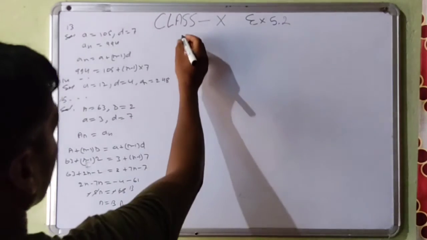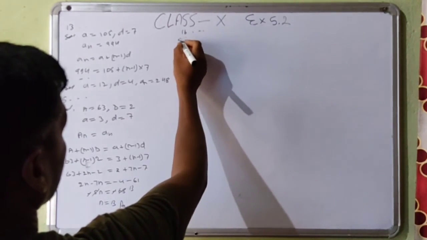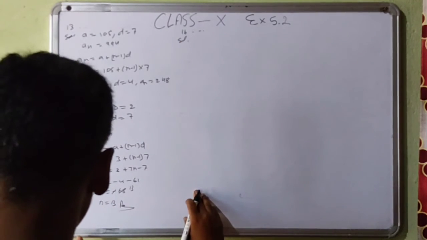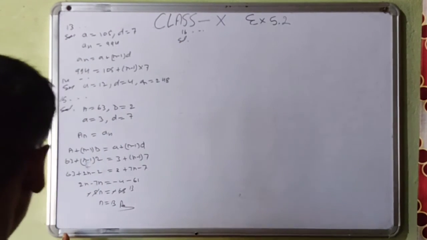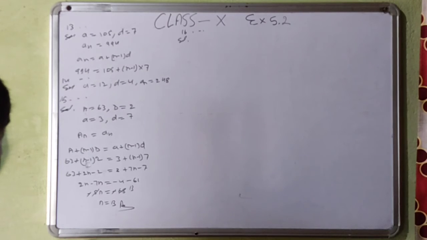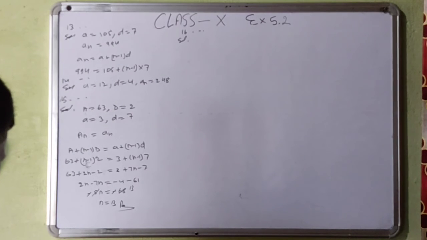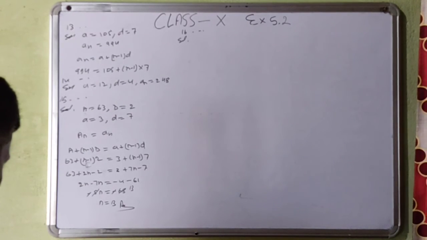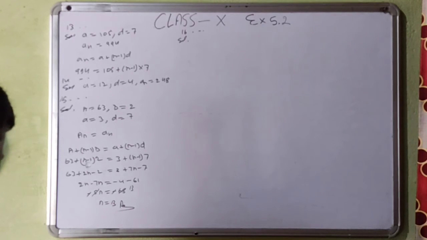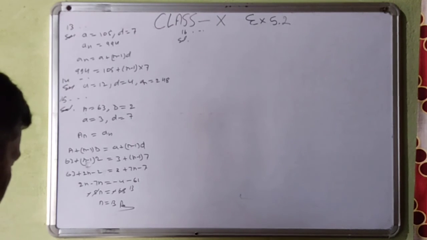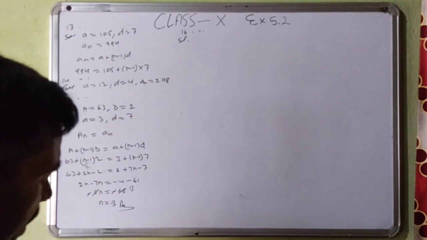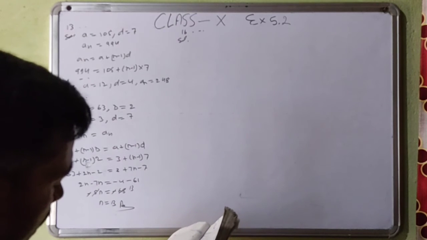And then 16th question. Determine the AP whose third term is 16 and whose 7th term exceeds the 5th term by 12. Just a minute, something is missing in the question here.